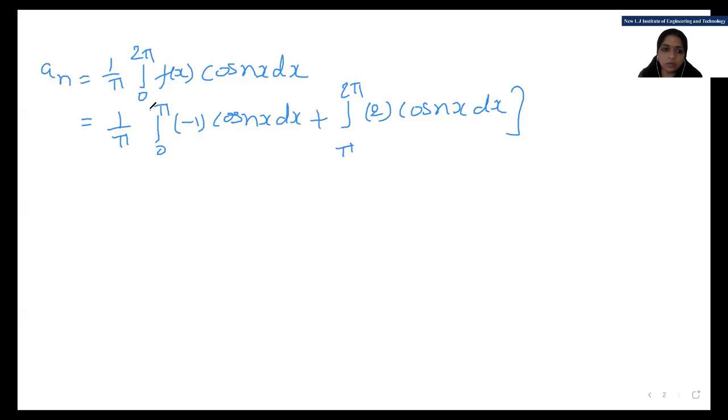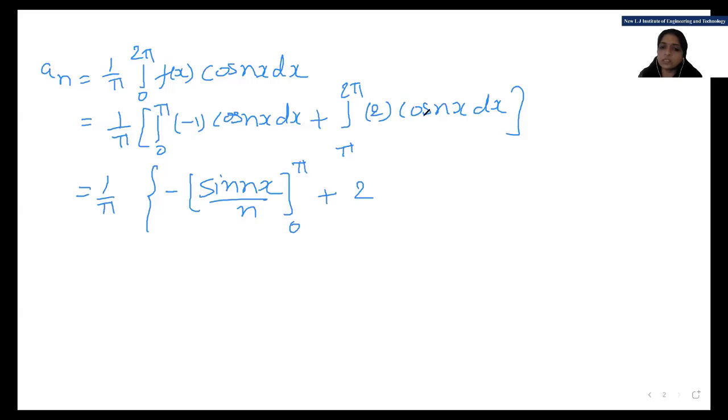Now 1 by pi, -1 is constant, so the integration of cos nx is just sin nx upon n, so minus sin nx upon n, and the limits are 0 to pi. Here this 2 is constant, so again the integration of cos nx is sin nx upon n, and the limits are pi to 2 pi.